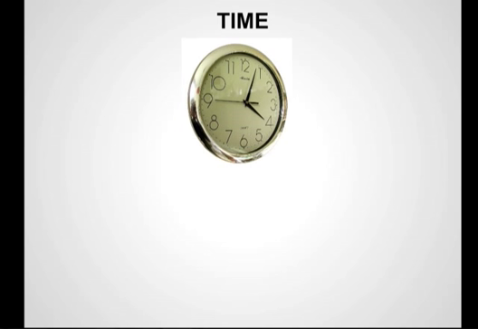So let's go ahead and take a look at time, our second major component. Time in groups vary. Sometimes the group will only be together for a short time, while in other instances a group might be together a long time.